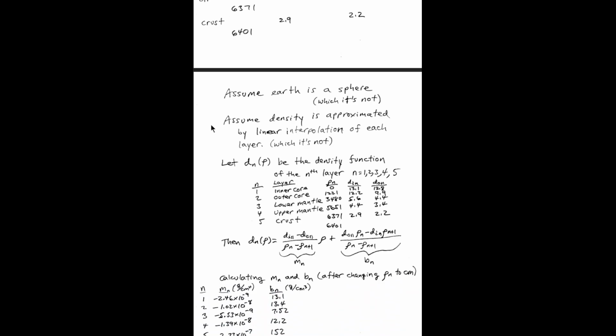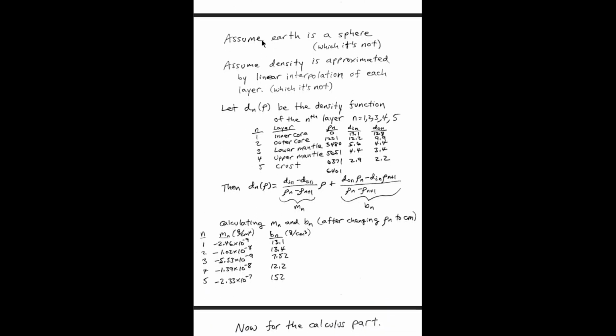And we're also going to assume the density of each layer is approximated by a linear interpolation, which it's not either, but it's just an approximation to make this thing easy. And we're also going to assume that the density only depends on the distance from the center of the Earth.